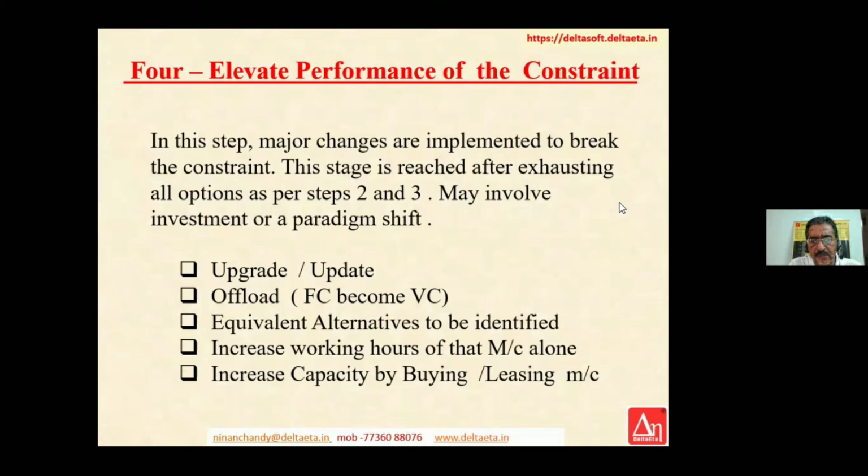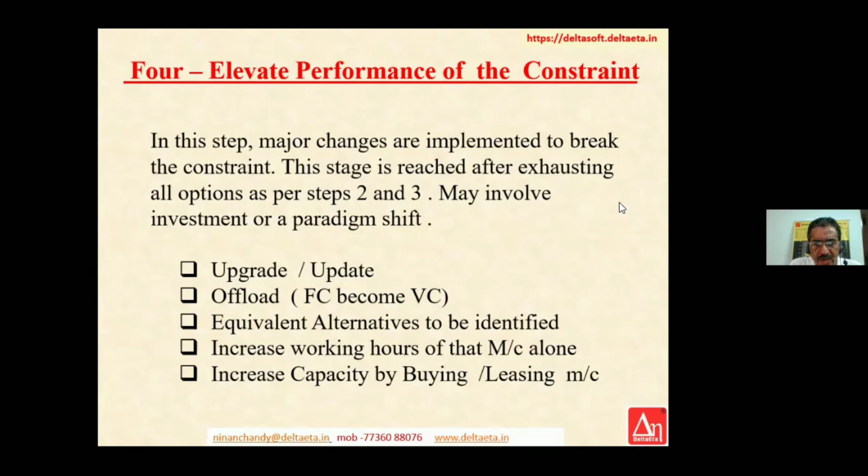Now the fourth step is to elevate the performance of the constraint. This is a step where you might need some investment. All the effort so far has been to enhance the capacity of the constrained machine without investing any major amount in the system.